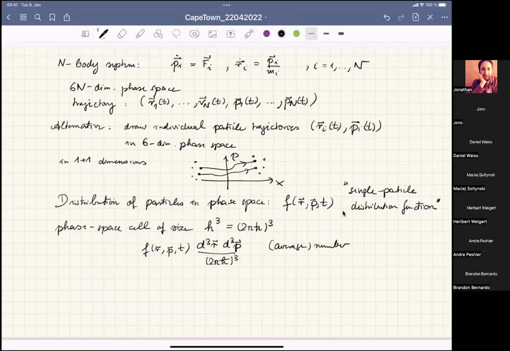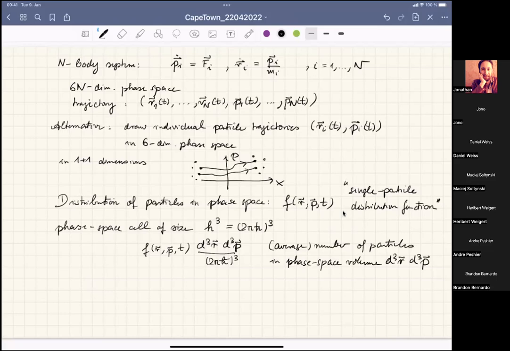It's the average number of particles in the phase space volume d3r d3p. And of course you see this dependence on r and p, and on t.